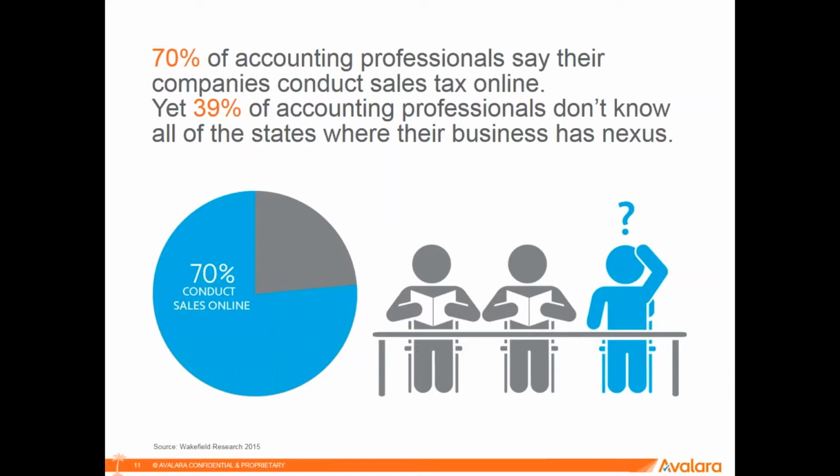Because of the e-commerce laws that are changing all the time, your organization may have nexus that you're not even aware that you've established because those laws change. And again, those are the types of things that we can help you with when you automate through this type of system. And I'm going to talk a little bit about, as you can see, this came from Wakefield.